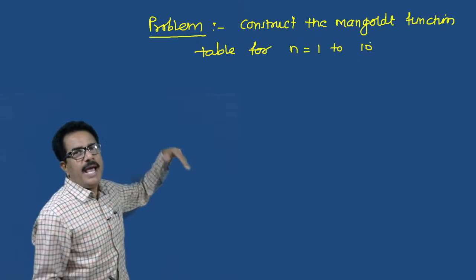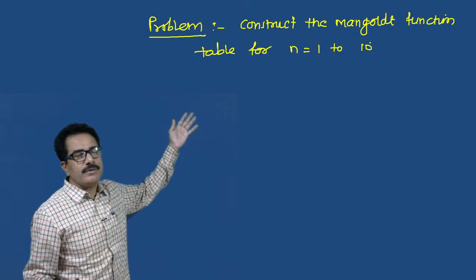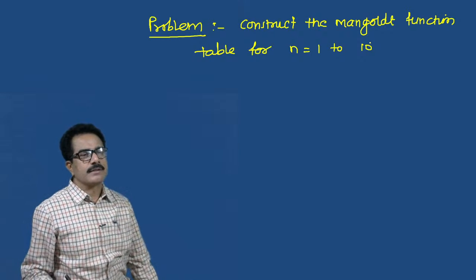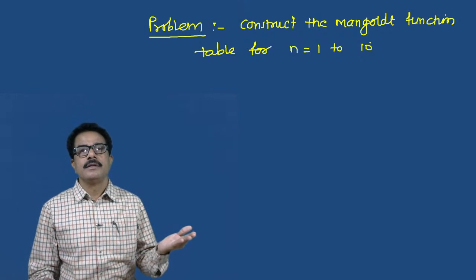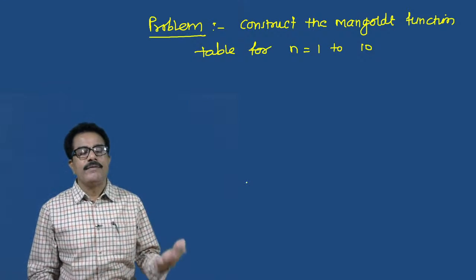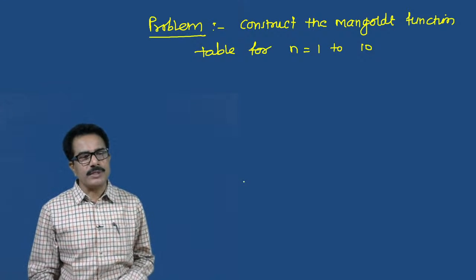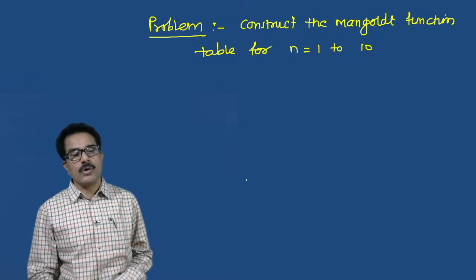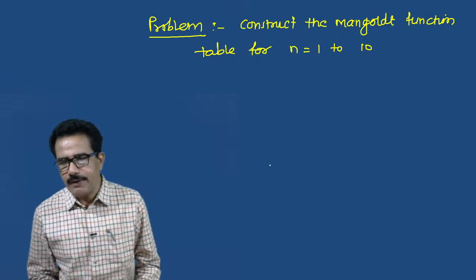Now, like the previous example, here we have to draw a short table for n equals 1 to 10 for the Mangoldt function lambda of n.